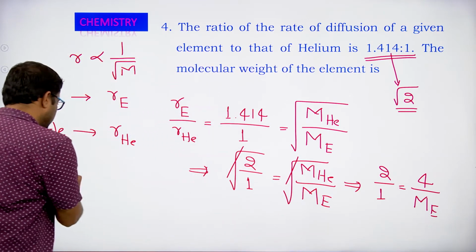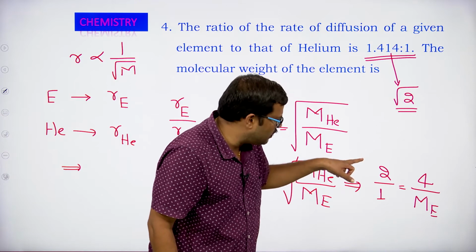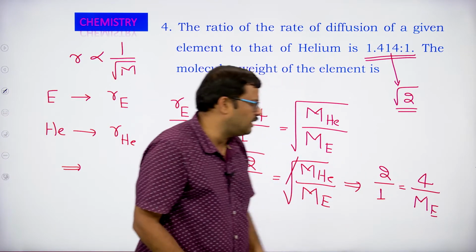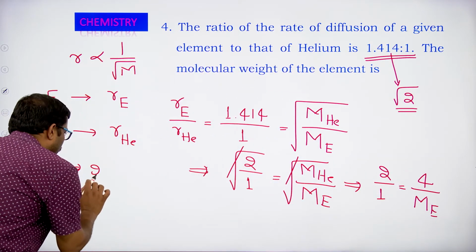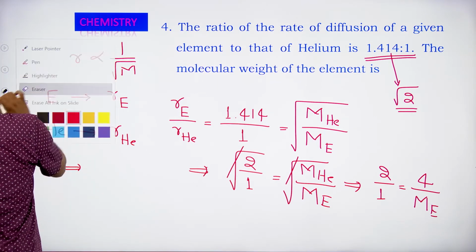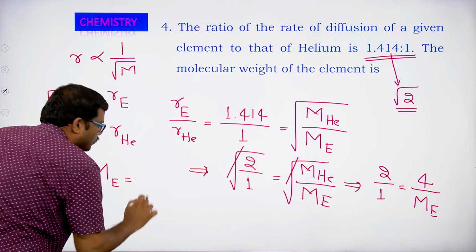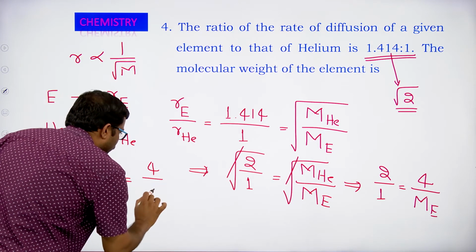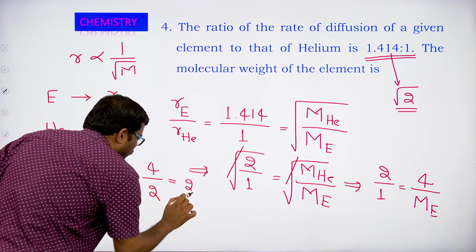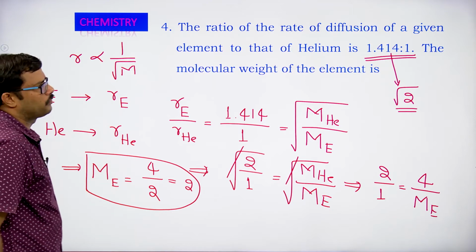Now, if I bring the molecular mass of the element to this side and send the other parameters to the other side, it becomes the molecular mass of the element E equal to 4 divided by 2. So this will be equal to 2. So what is the molecular mass of the element? The molecular mass of the element is 2.